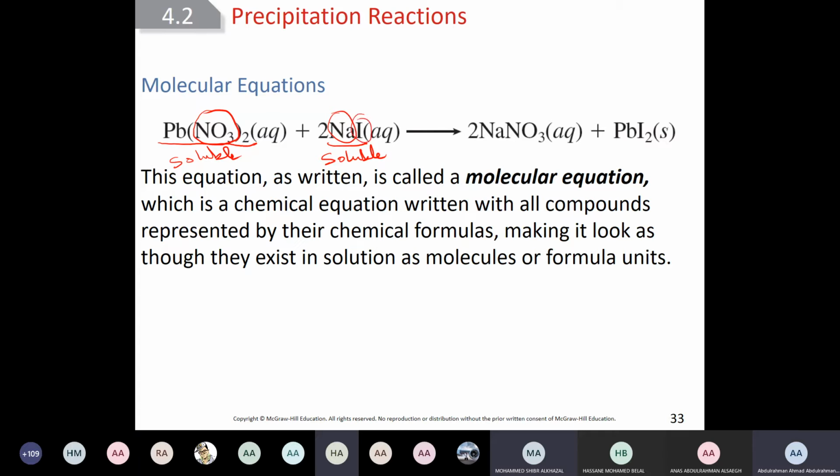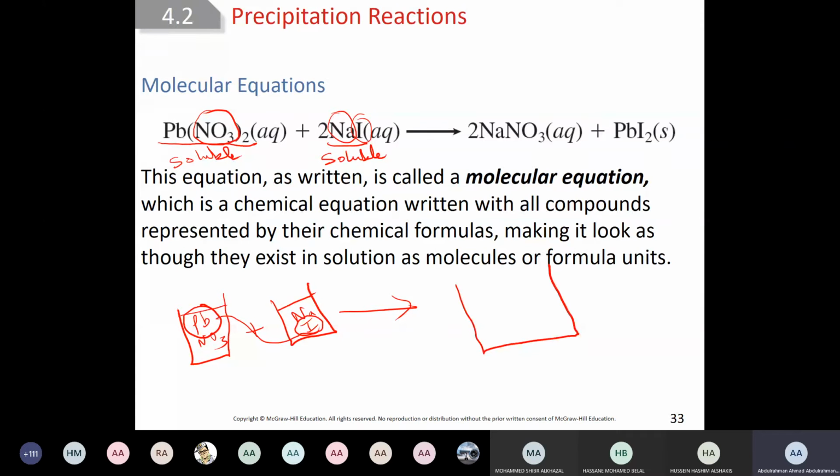When we have in one pot PbNO3 and in the other pot NaI, everything is dissolving in water. You will not see anything. But when you mix them together, what will happen? The Pb will see the iodide and will come out of solution.